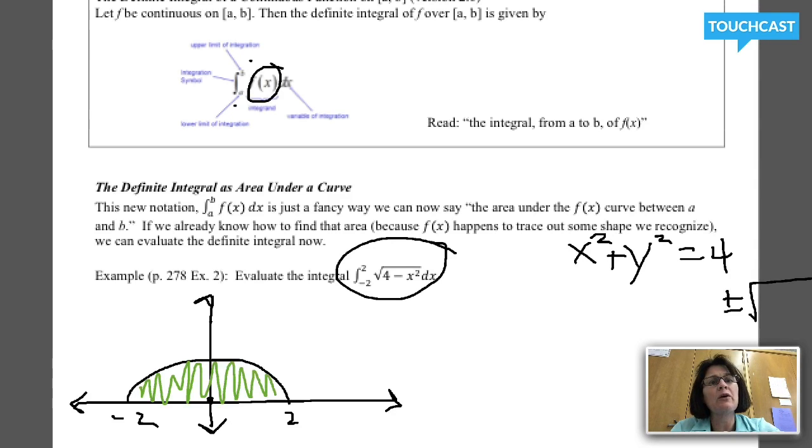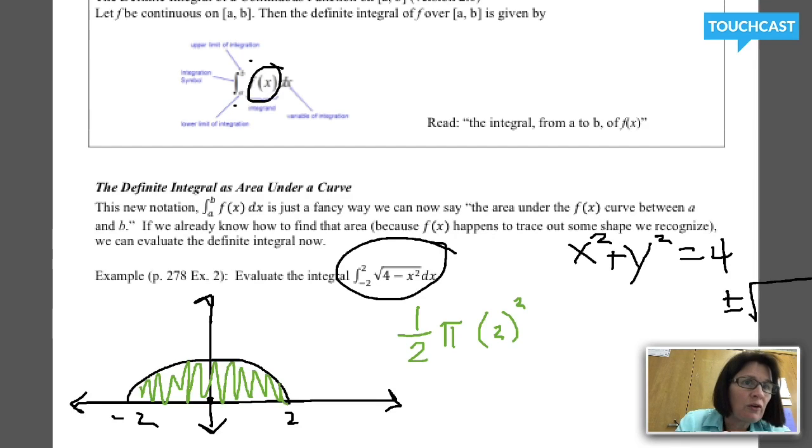So even though I don't know any more calculus than what this integral means, I can use geometry to find the area. A semicircle is 1/2 of a circle. Area of a circle is pi r squared. I know that here the radius is 2. And notice, it worked out because my limits were -2 to +2.